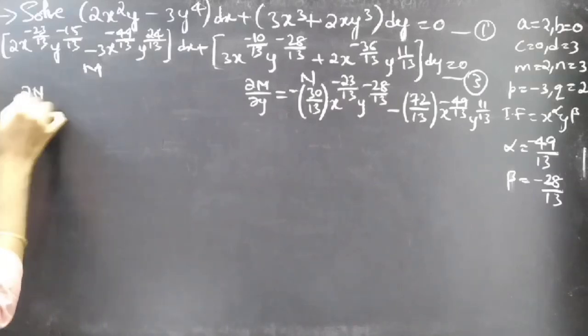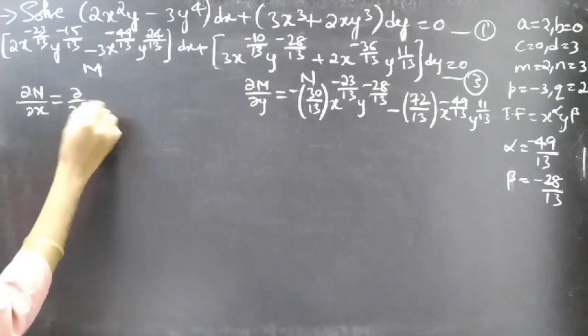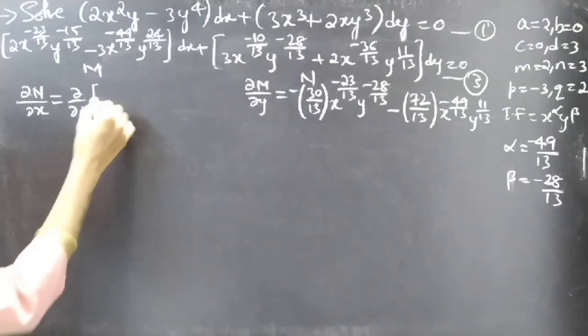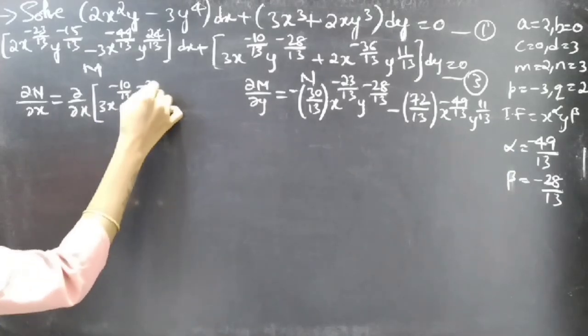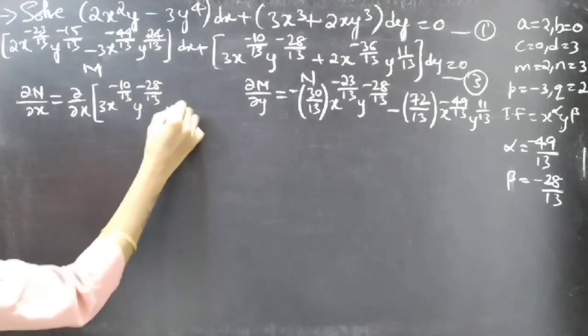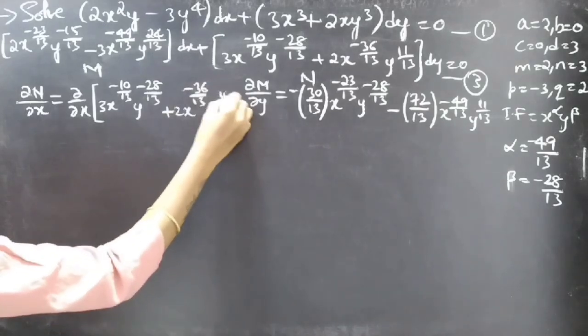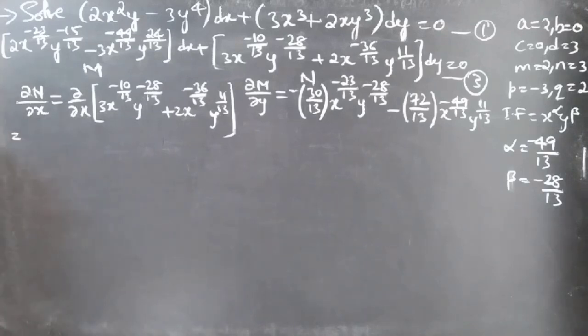Let's now find the partial derivative of n with respect to x. For n equal to quotient of dy, that is 3x power minus 10 by 13, y power minus 28 by 13 plus 2x power minus 36 by 13, y power 11 by 13. Here we are finding partial derivatives of terms with respect to x. So we'll treat y as constant.